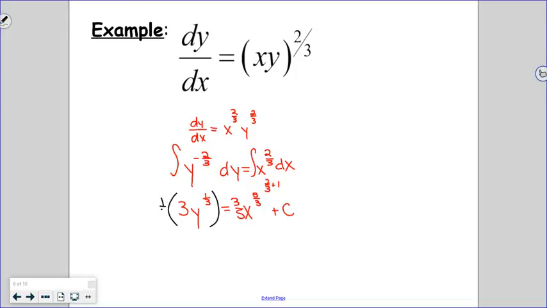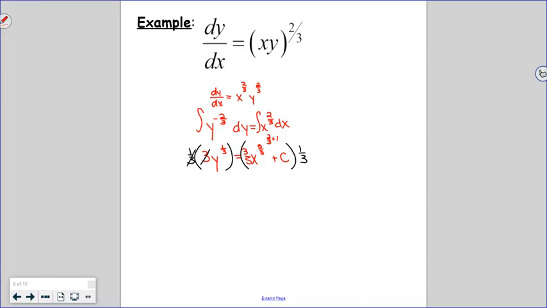So divide by 3 or multiply by 1/3. And distributing that 1/3 through, 1/3 times 3/5. What is that? 1/5. And as always, c is just c.